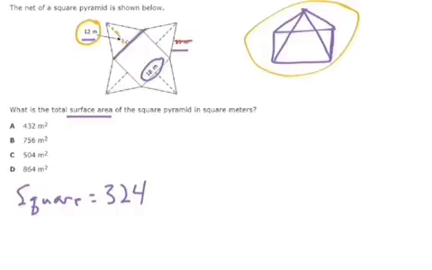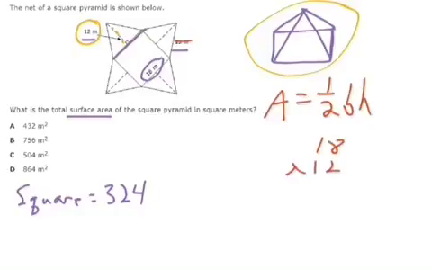So to solve for the area of a triangle, remember, this is the one that was tough for us. It is 1/2 the base times the height. So we will multiply 18 times 12, and then from there we'll get half of that, or divide by 2. When we do 18 times 12, you should get 216. And you're not done, because we have this whole 1/2, divide by 2.